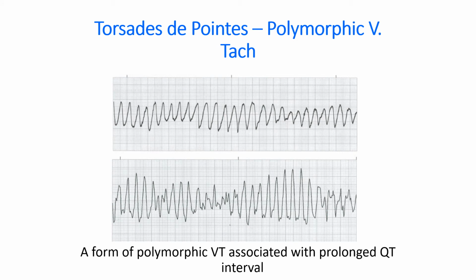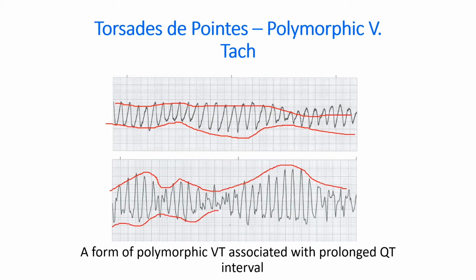In Torsades de pointes, we call this a polymorphic VTach because you're seeing different points. It does not look all the same. Torsades de pointes is considered a twisting of points. If you look at this, the complexes are getting bigger, and it's almost like twisting, almost like a spiraling as I'm tracing it.